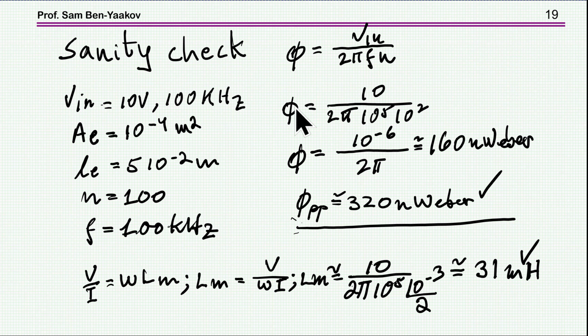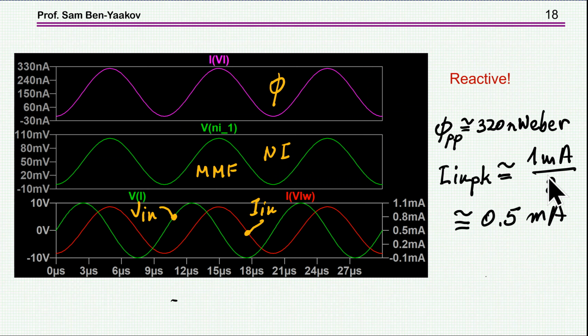First thing, let's calculate what is the expected value of the flux, and I'm calculating it from Faraday's law, which comes to be V_in over 2 pi f n, and this is 160 nanoweber for the peak, and then for the peak to peak it is 320 nanoweber, exactly what we found here in the simulation.